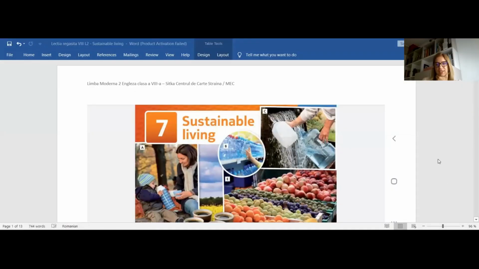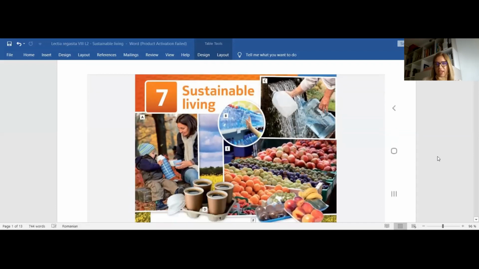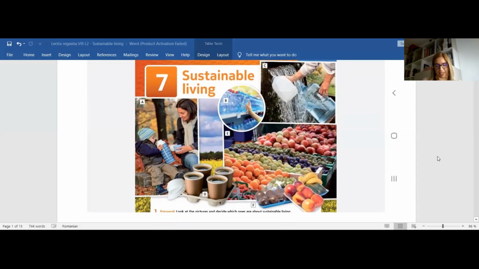So to start with, as I told you earlier, I would like to focus your attention on this concept of sustainable living, and to better understand it, I would like you to have a look at these pictures from A to F, and try to decide which ones you think are about sustainable living.